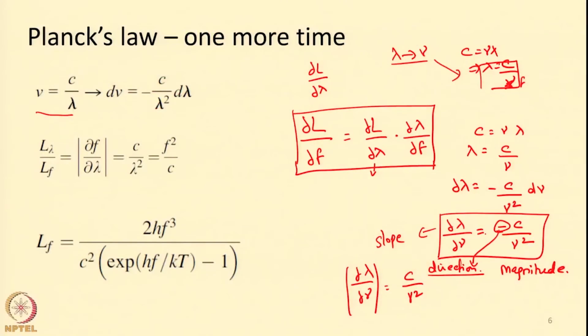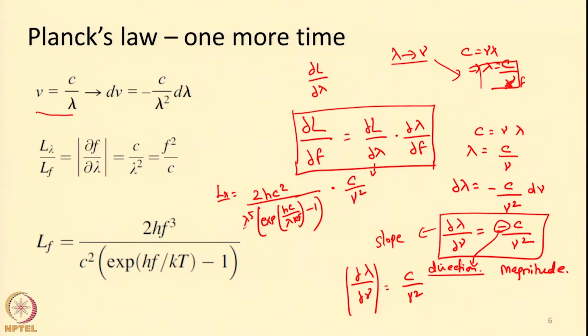So, we are taking the modulus and we are getting c/ν². Now substitute everything there, that is, L_λ, that particular equation: 2hc² divided by λ⁵, exponential of hc/λkT minus 1, into this term c/ν².